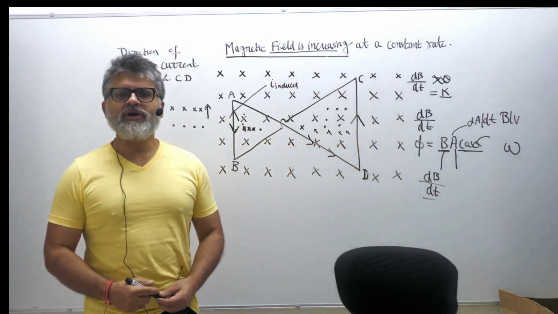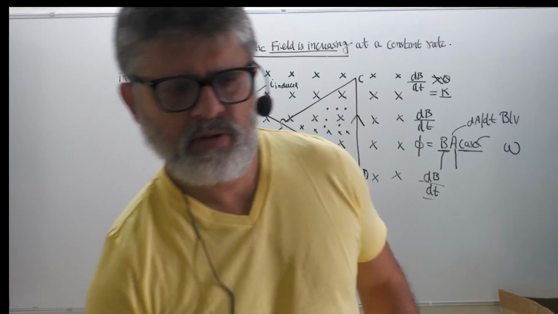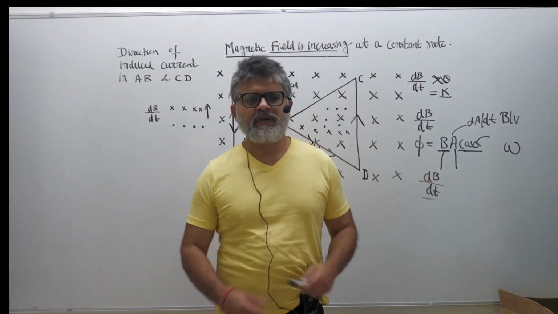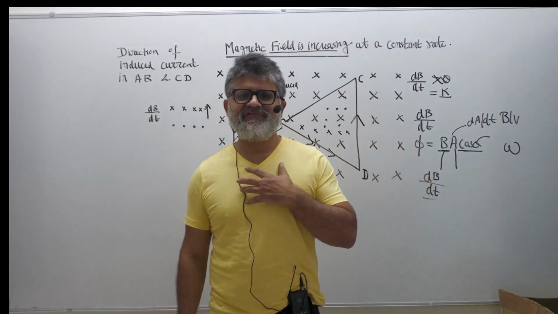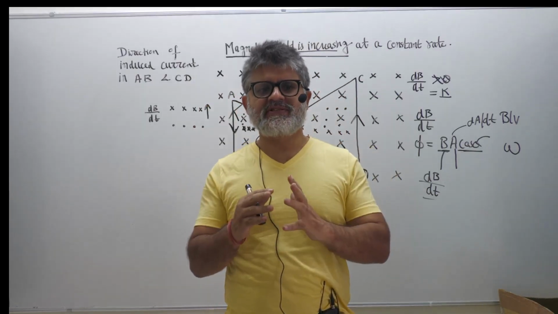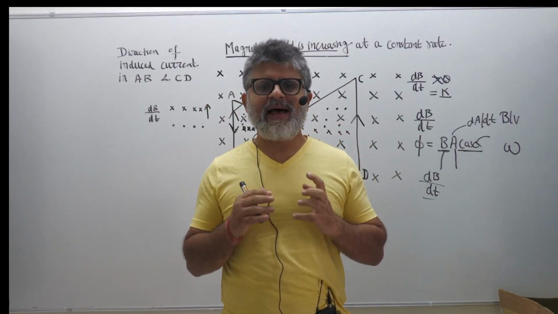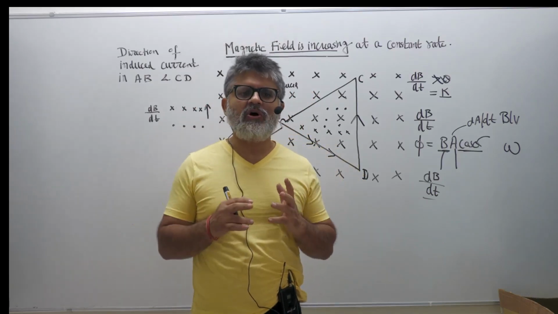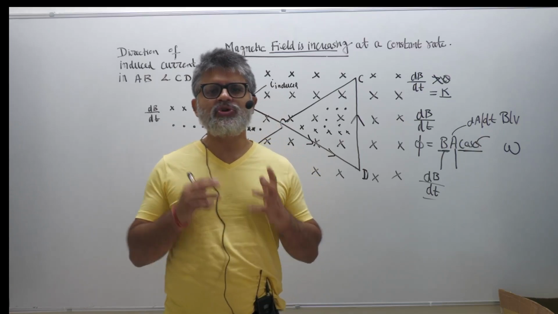So when you do the questions of Lenz's law and Faraday's law, just be clear on two things: that you're calculating the magnitude of EMF using Faraday's law and using Lenz's law to find the direction of the induced EMF.